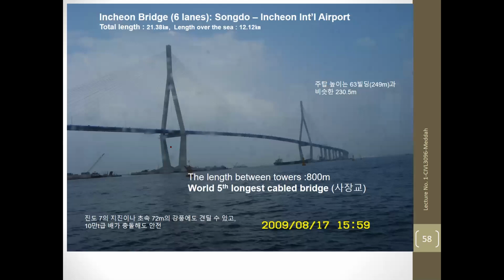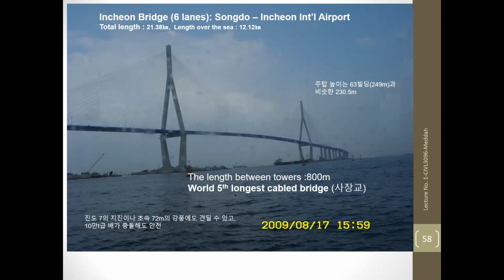Also, you can see here another example of a very long bridge, the Incheon Bridge. This is in South Korea, near Seoul. The total length is huge, 21.38 kilometers long, and the length over the sea is 12.12 kilometers.